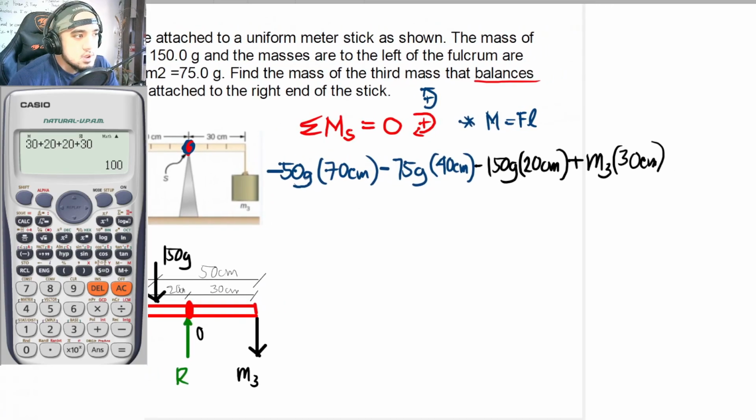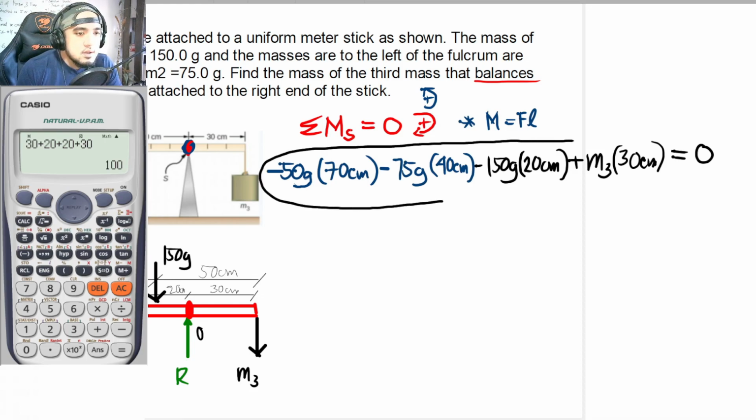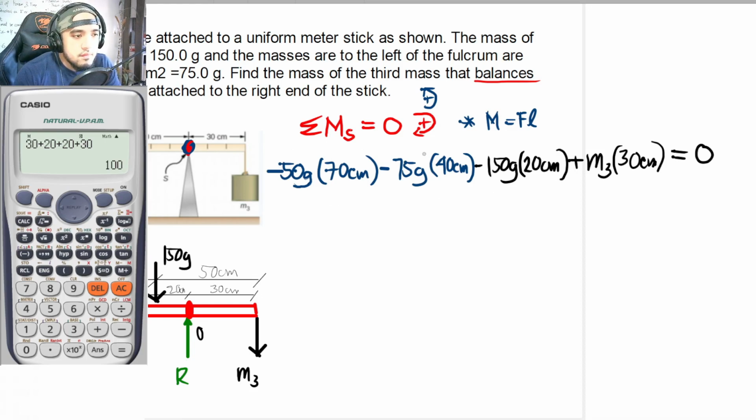So apologies. And since the summation should be equal to 0, one equation, one unknown. So simplifying this, if I am to combine all of this, this is negative 50 times 70 minus 75 times 40 minus 150 times 20.